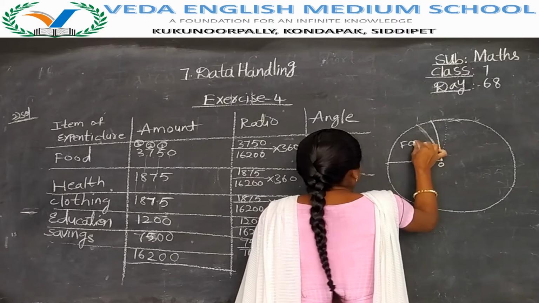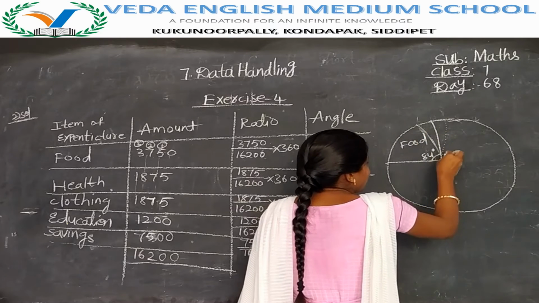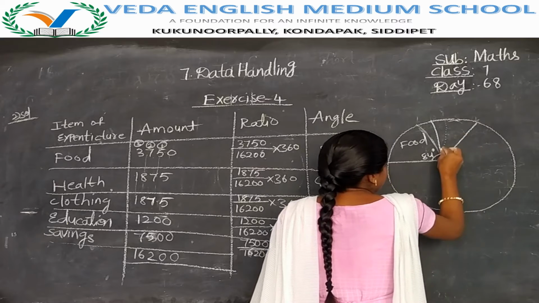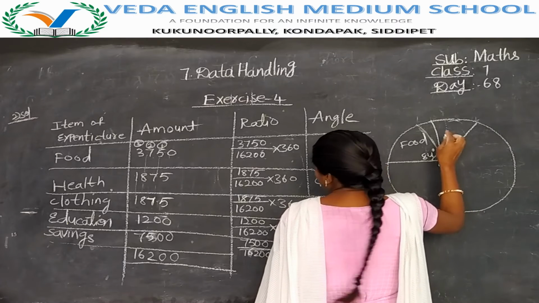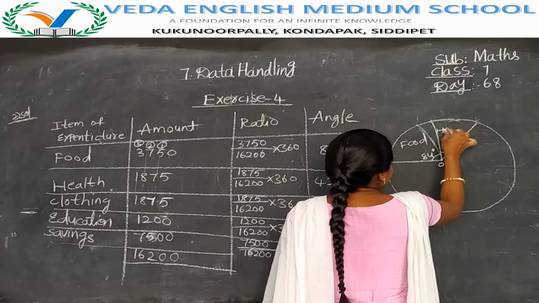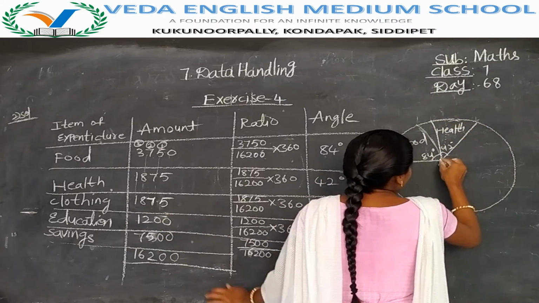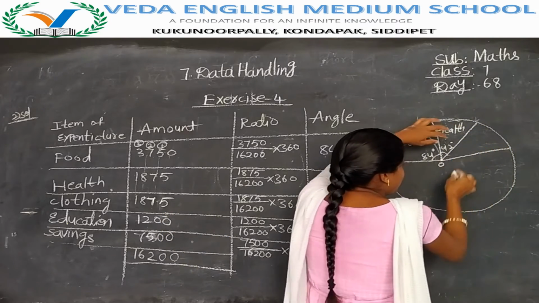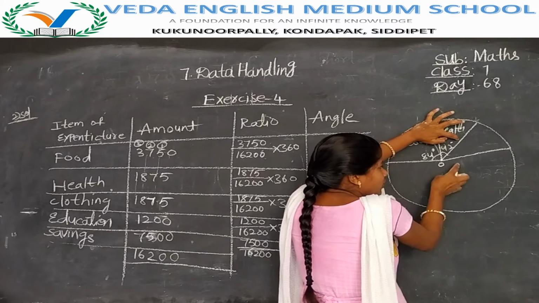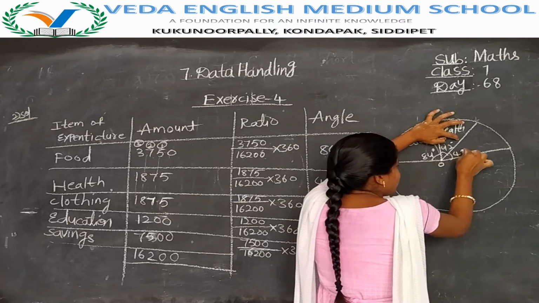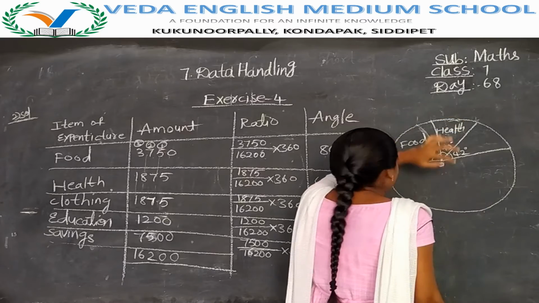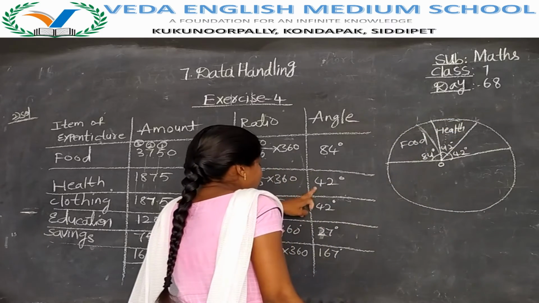food. Next 42. 42 means like this. It is 42 degrees for what they have used, health. Then next clothing also, more than 42 like this. Again place the protractor here and draw 42 degrees. Then 42 plus 42 means 84 degrees. Next 42, 42 is complete.